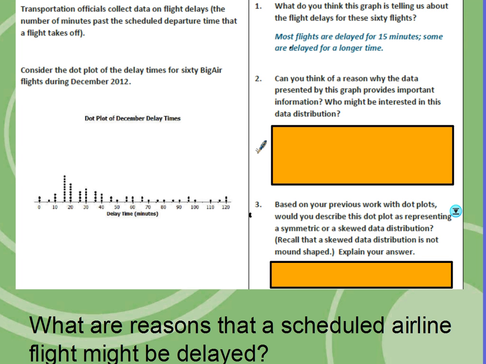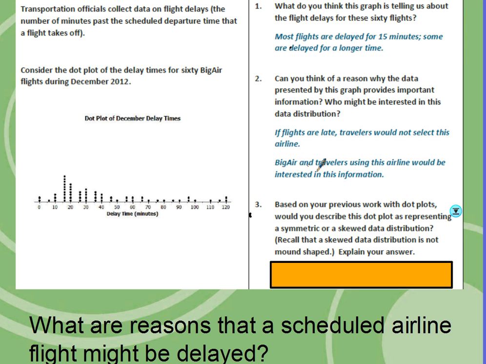Alright, who might be interested in this data distribution? The transportation officials. Survey says, if flights are late, travelers would not select this airline, and travelers using this airline would be interested in this information.